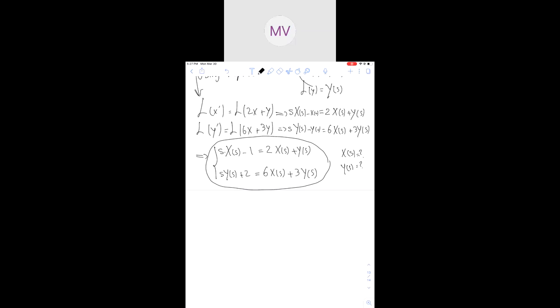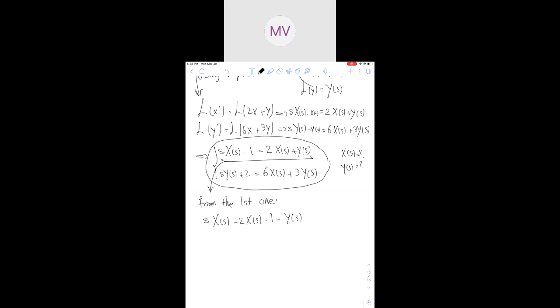Let's do it for this one. First of all, you can simply solve for one of them in terms of the other one in one equation, plug it back, and then find the other one. So for example, out of the first one, let's go ahead and solve for y of s. From the first one, s x of s minus 2x of s minus 1 equals y of s.